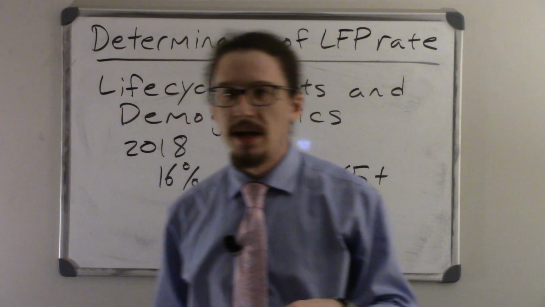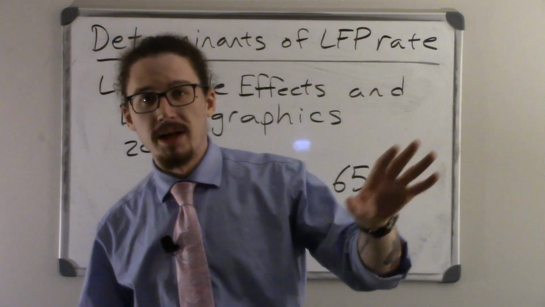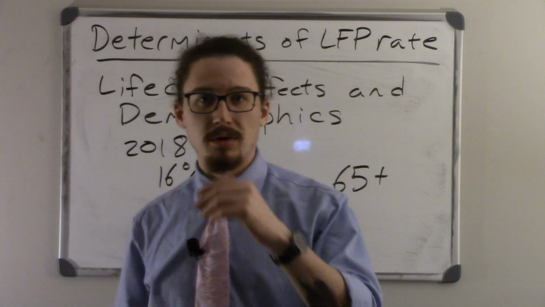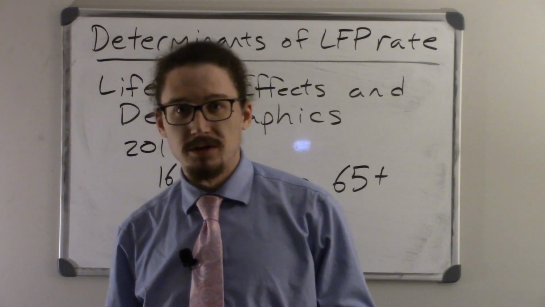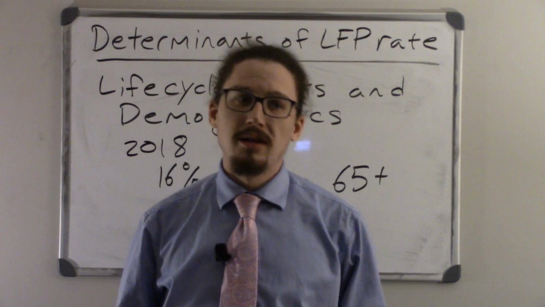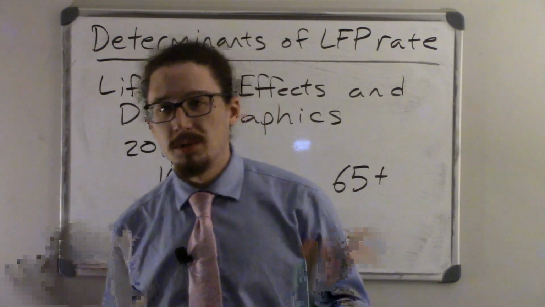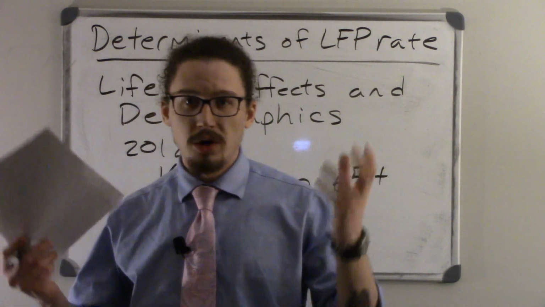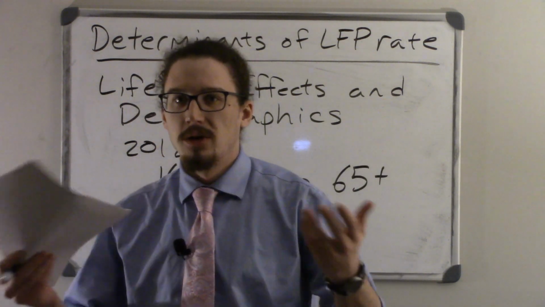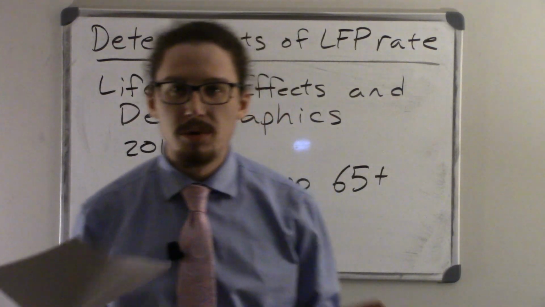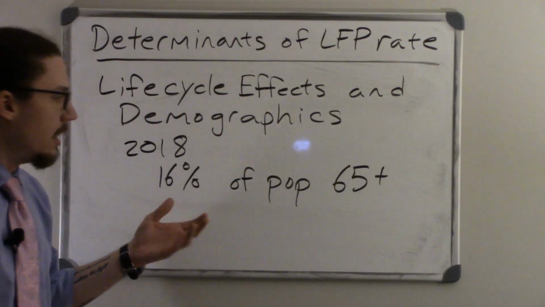And if you go and look at the CPS tables where they break out unemployment and labor force participation by age, which I'm sure you're all going to do because it's very fascinating, you're going to see that the labor force participation rates for working age people are much higher. If you're only looking at working age people, it goes up to 72, 75%.